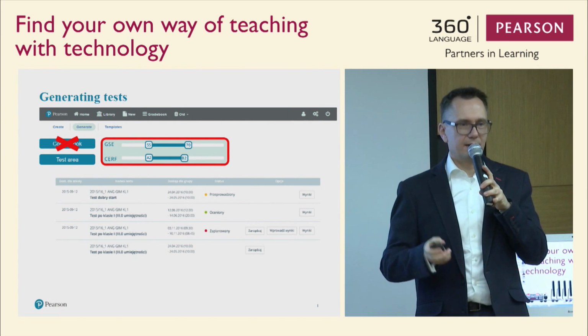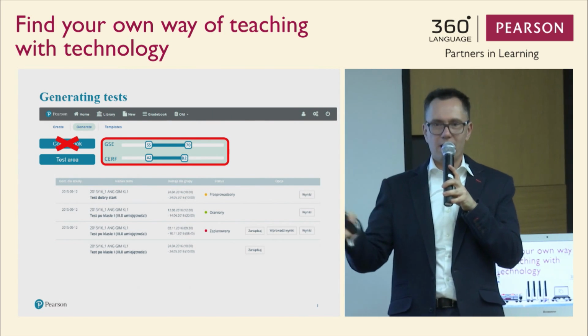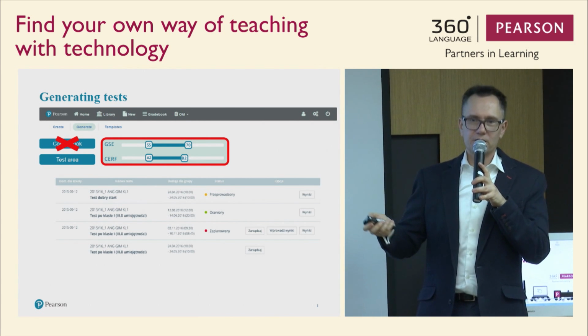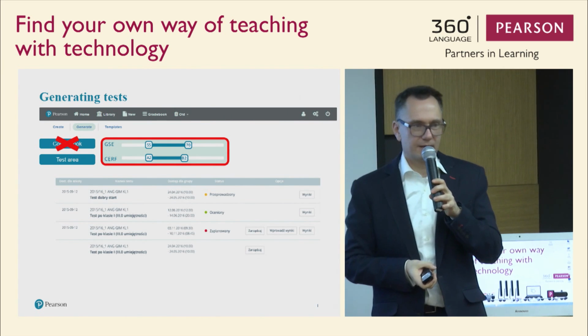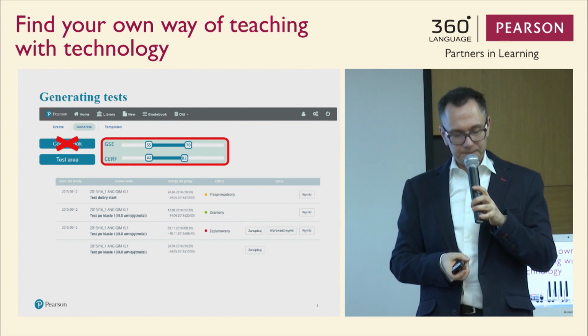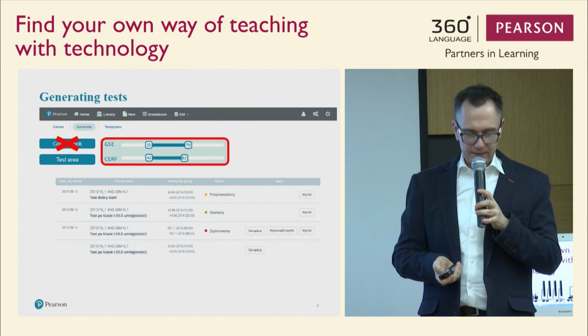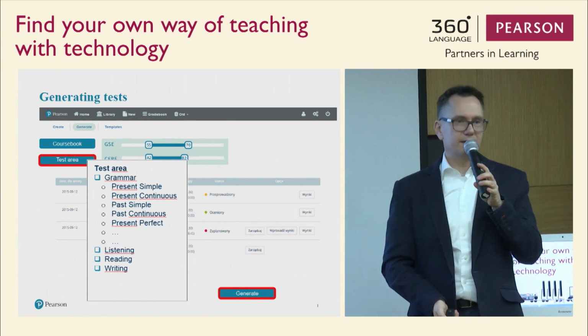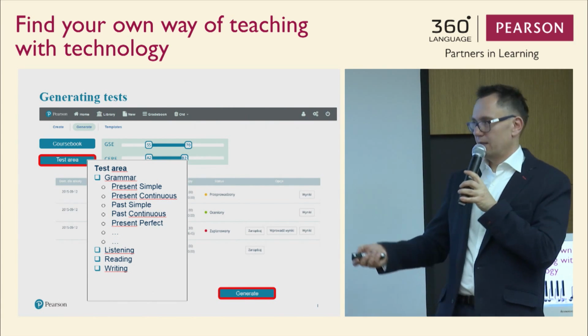So you can say, okay, I want the test to be between A2 and B2. Maybe that's too wide, but you can also use the new scale, the GSE scale, the Global Scale of English. And you can then decide again which test area you want to test with your students.